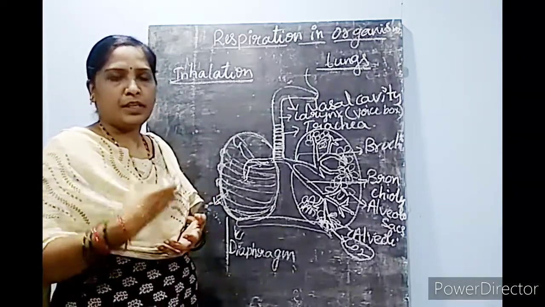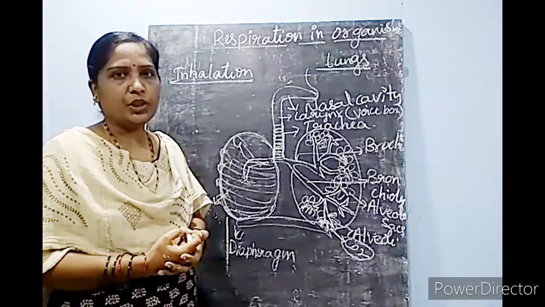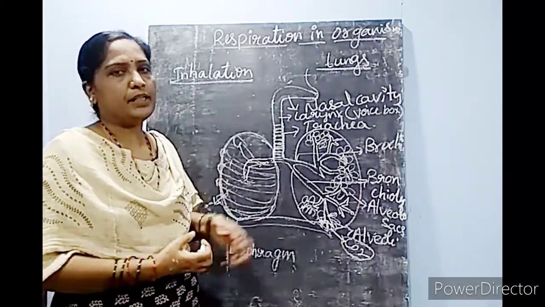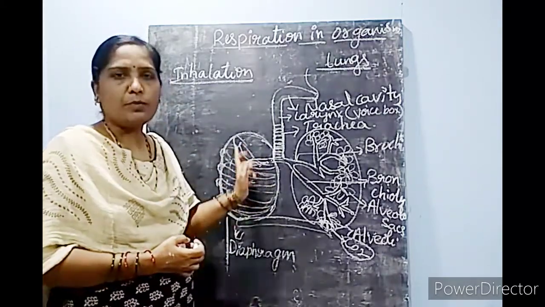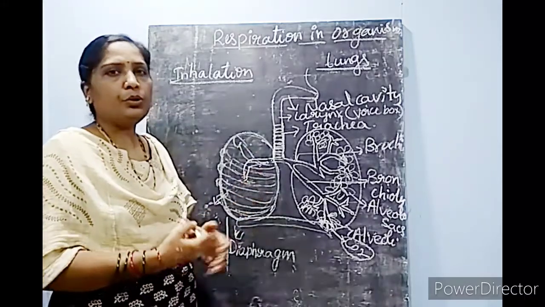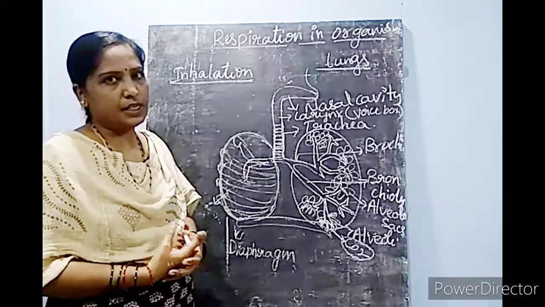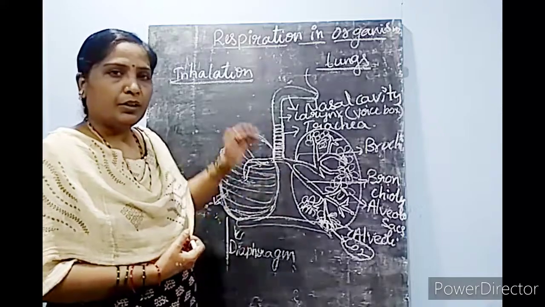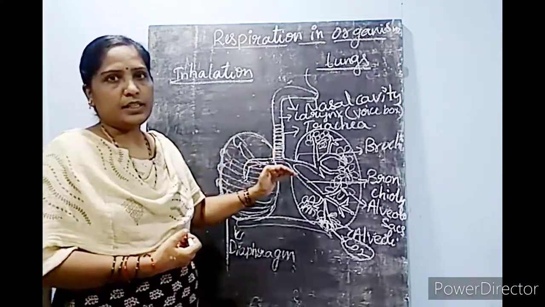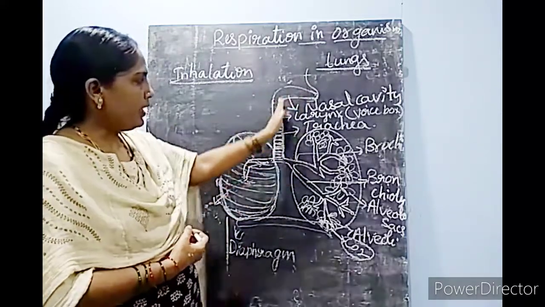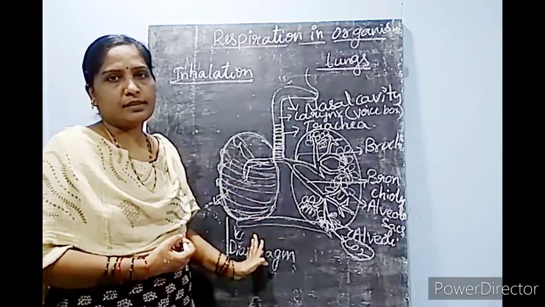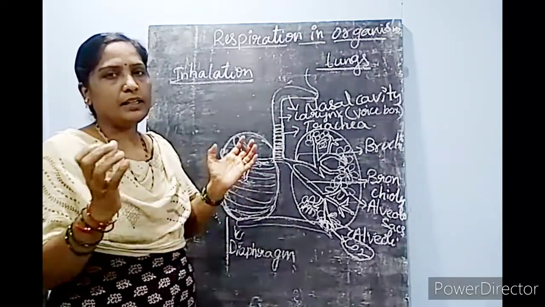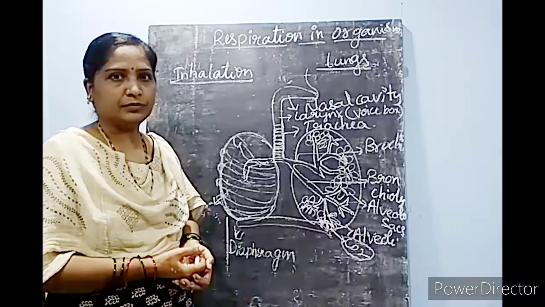That means the ribs are coming forward and the lung capacity increases. Due to that, the air pressure decreases, and because of the decreased air pressure, more air comes into the lungs and the lungs expand.